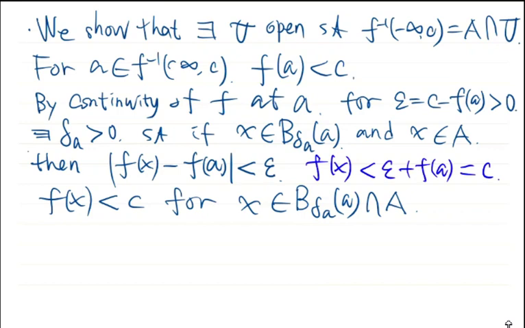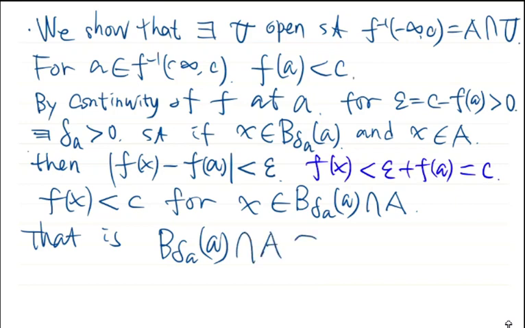What does this imply? B(a, delta a) intersect A is contained in the pre-image of this open interval. Okay, remember this. We will use this later, and I will copy this to the next page.